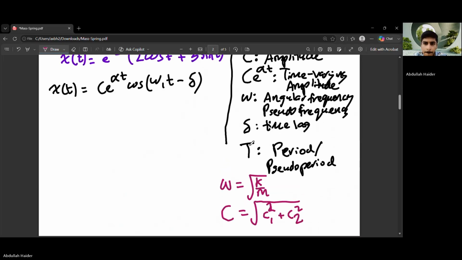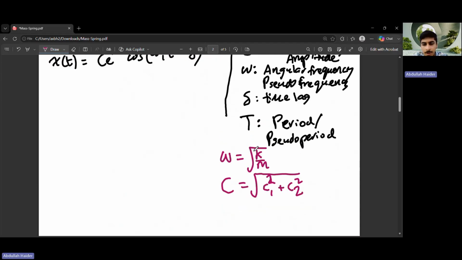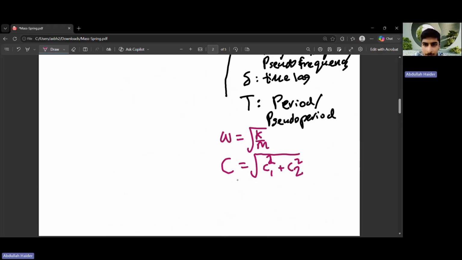And this time lag is equal to alpha over omega.